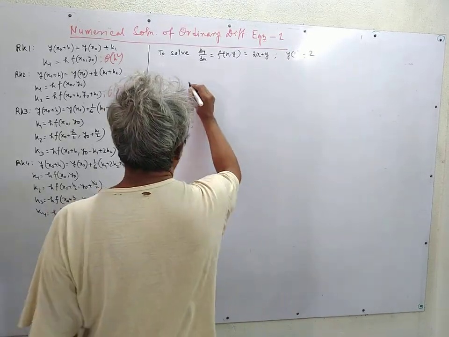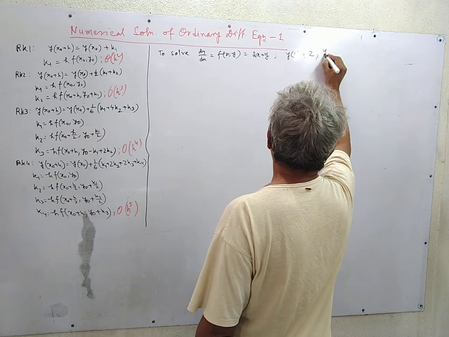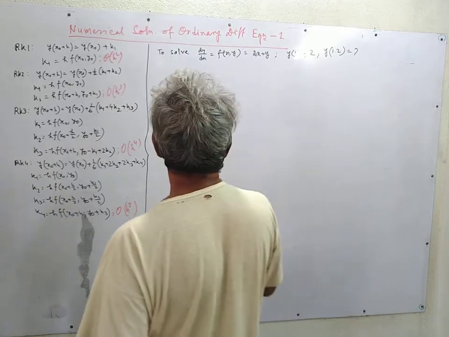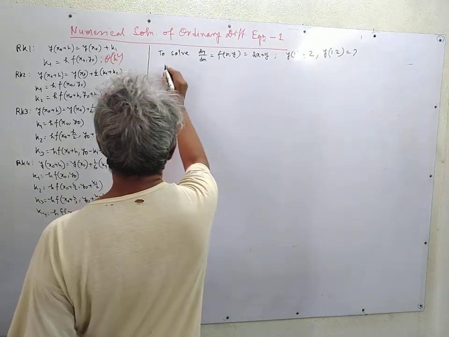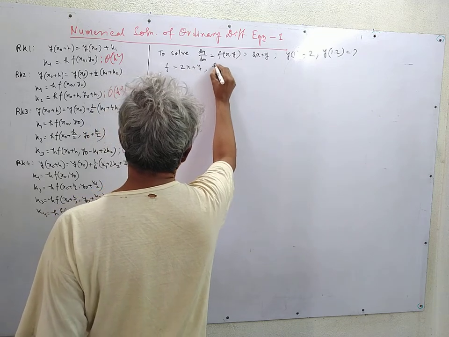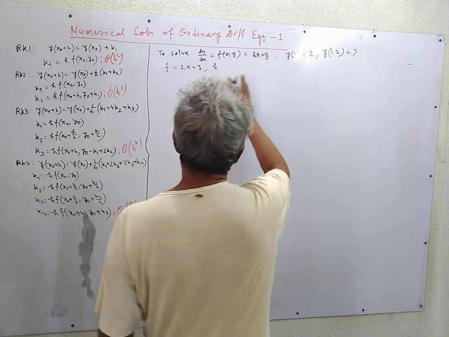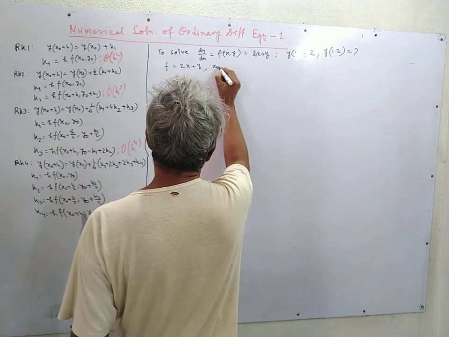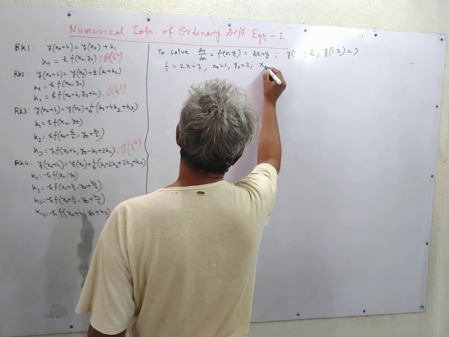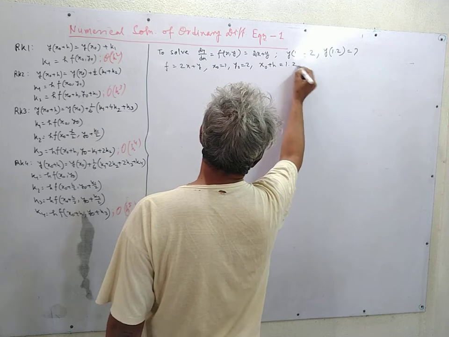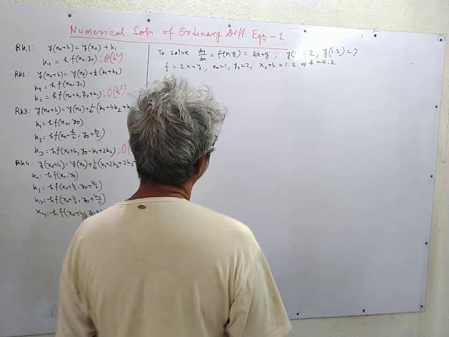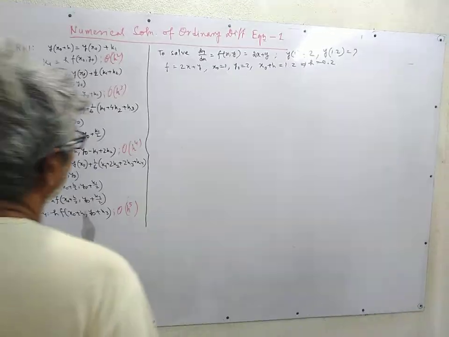Our aim is to find out the value of y at 1.2. So f is equal to 2x plus y. Here x0 is 1, y0 is 2, and x0 plus h is equal to 1.2, that is h is equal to 0.2.